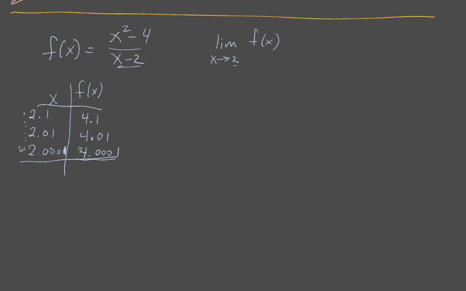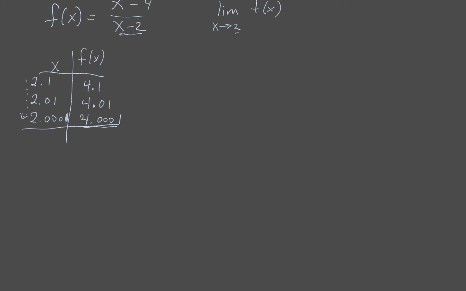Let's see if that happens when I plug in numbers from below. So into the calculator we plug in 1.9, and what do we get out? We get 3.9 out. We plug in 1.99, so I'm getting closer to 2. It happens that I get 3.99 out. I plug in 1.9999, I get 3.9999 out.